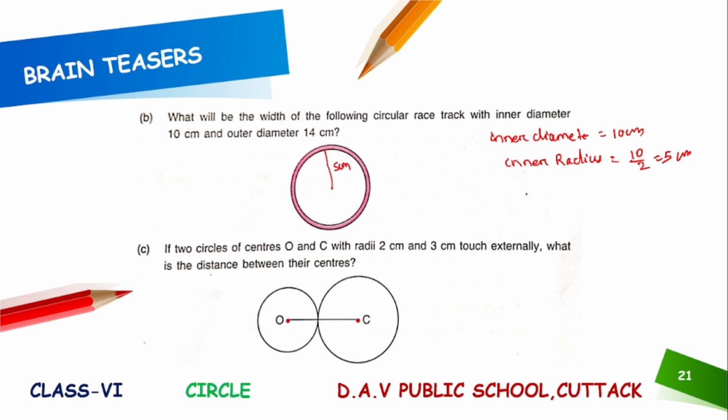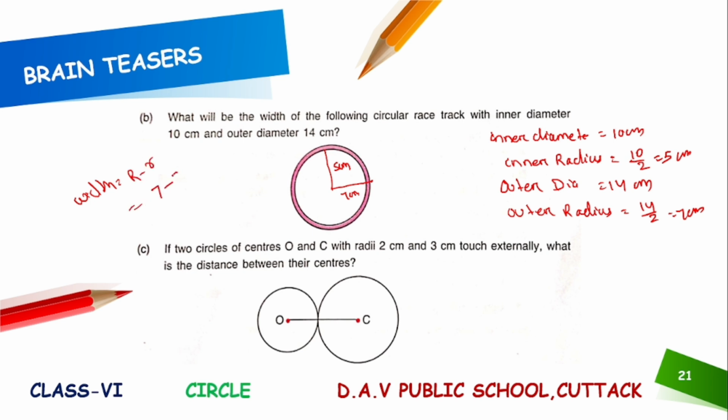Yes or no? Now again write down outer diameter equal to how much? 14 centimeter. We can find outer radius. Now outer radius equal to 14 by 2, that is 7 centimeter. Means from this to this is 7 centimeter. Now find the width. Then what is width? Now width equal to outer radius minus inner radius, that is 7 minus 5, that is 2 centimeter.